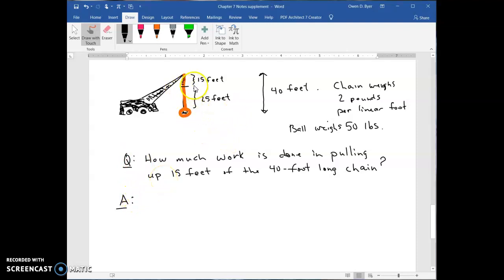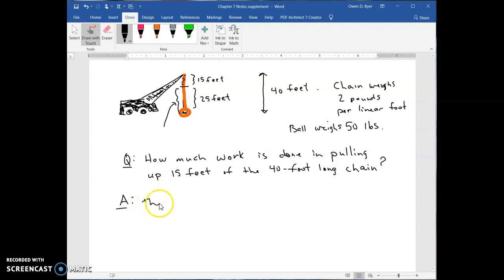If you pull up 15 feet here, what you can notice is that the very bottom 25 feet and the ball, that's right here, they all just move up 15 feet.